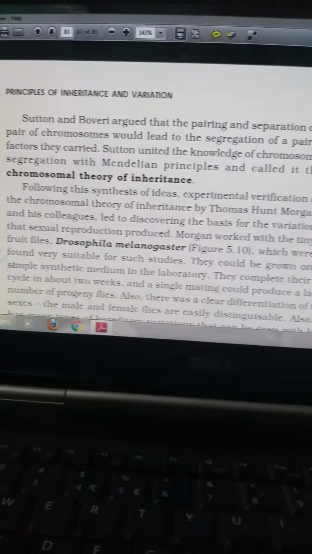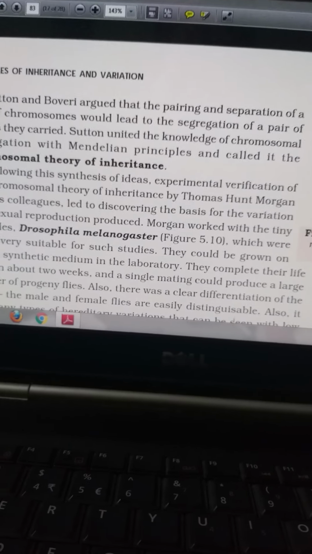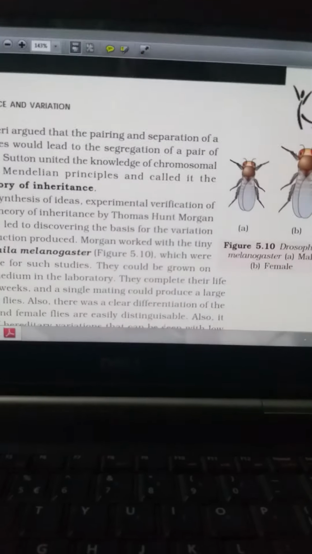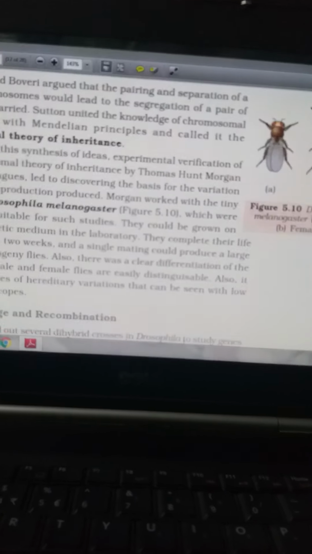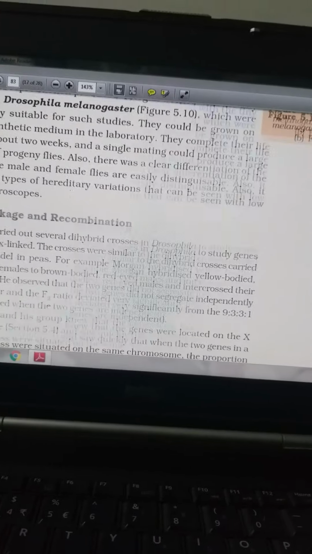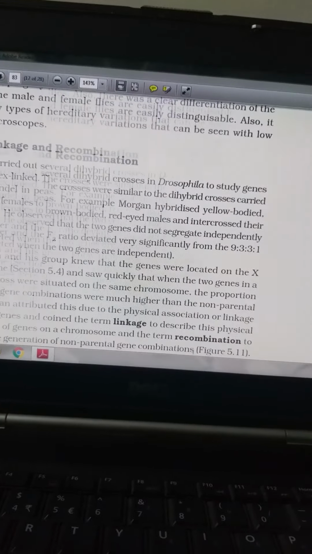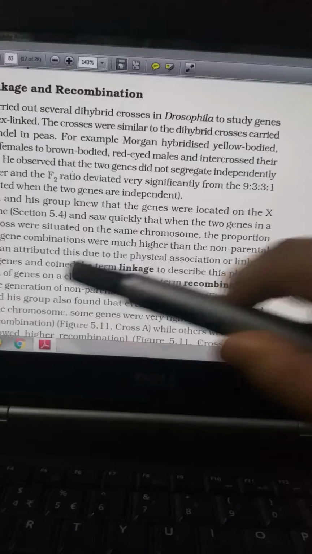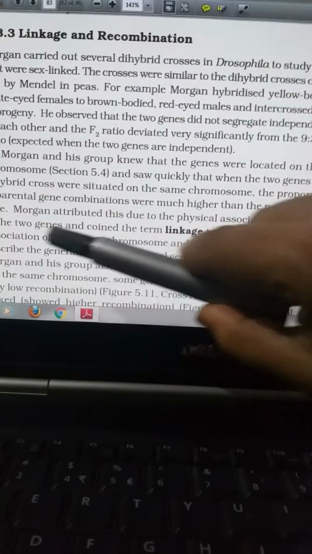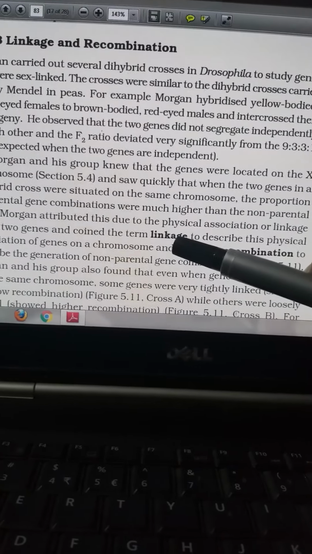See, Drosophila melanogaster, this is known as the fruit fly. The male and the female can be easily distinguished. This is also known as the Cinderella of genetics. And linkage and recombination we have also seen. Morgan attributed this to the physical association of two genes, and coined two terms.